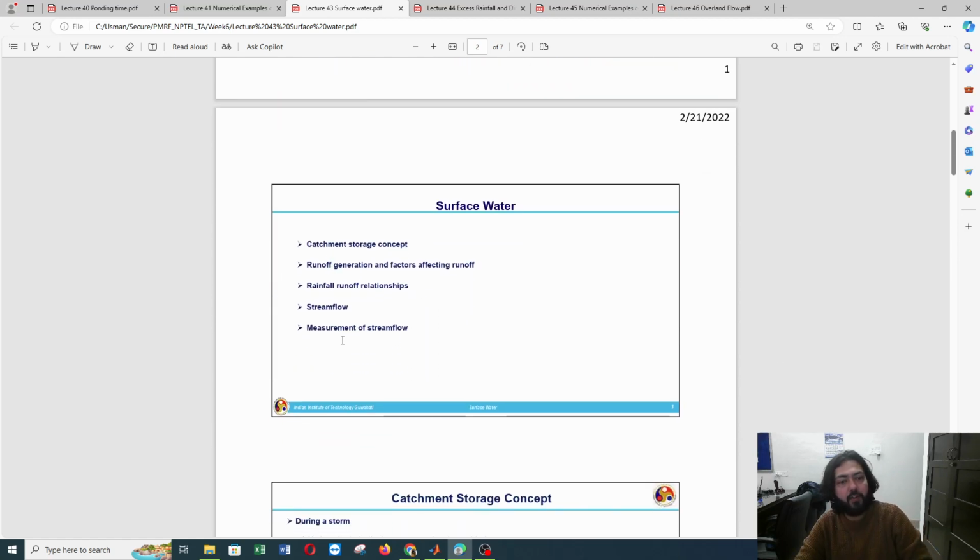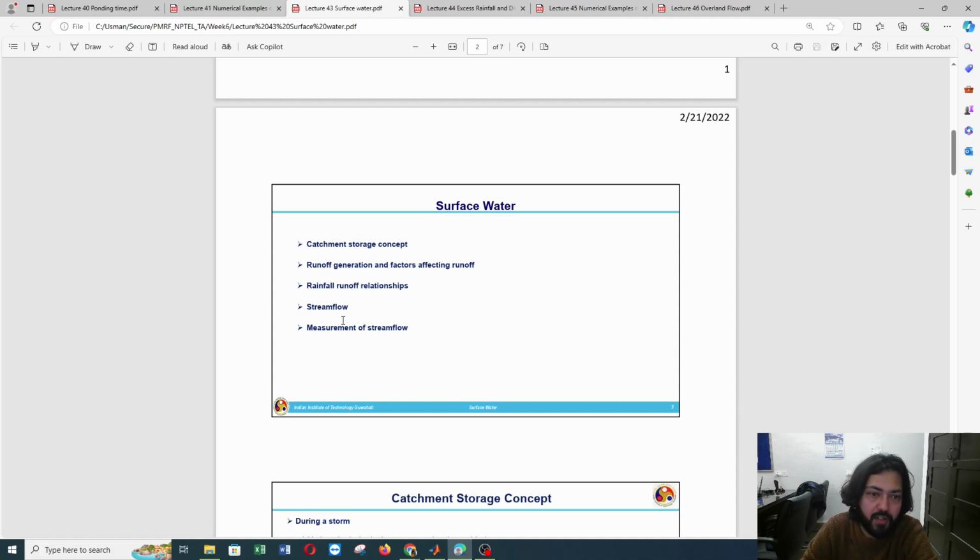So these are the 5 topics which we are going to cover in the remaining part of today's session. The first thing we are going to talk about is a concept known as the catchment storage concept, like whatever water is entering into a catchment, how it is going to be stored. There are 2 approaches in which the water is stored in a catchment. Another thing is we are going to see how runoff is generated and what are the factors affecting runoff.